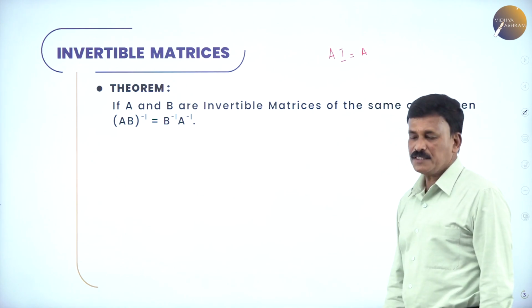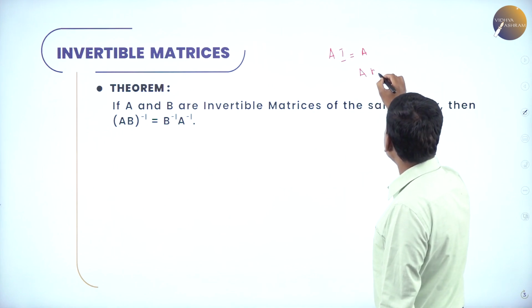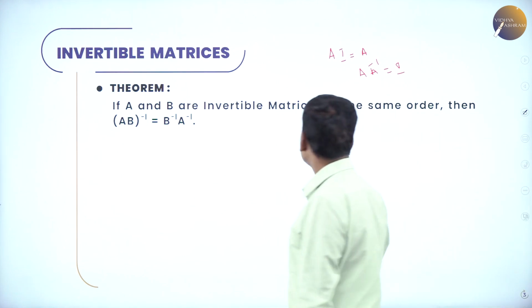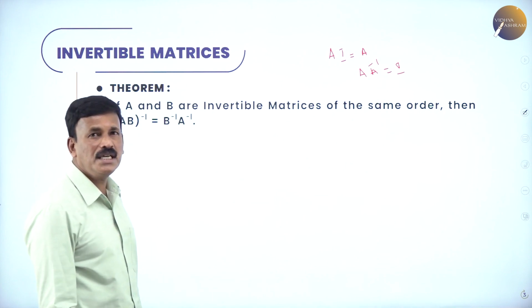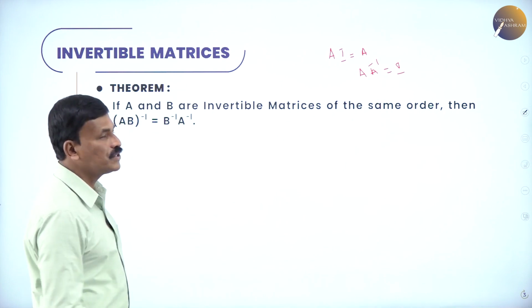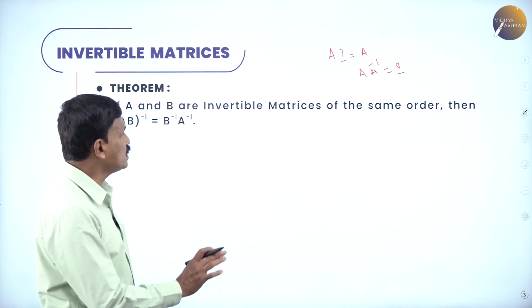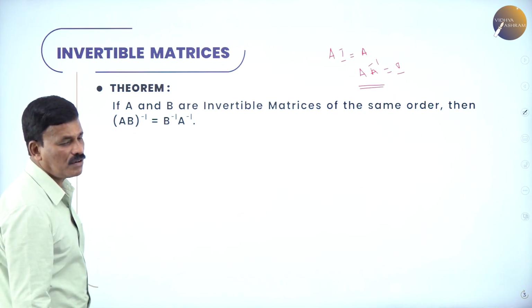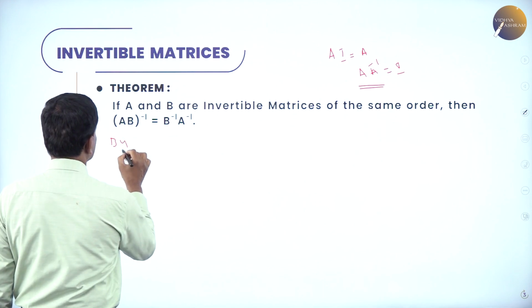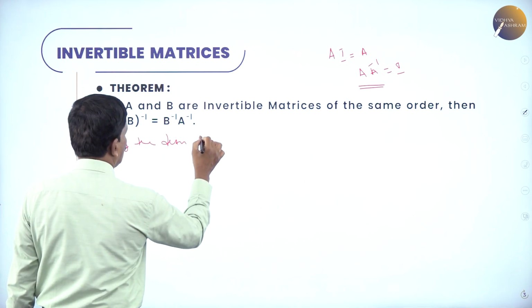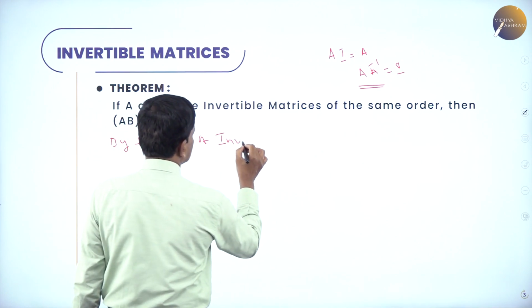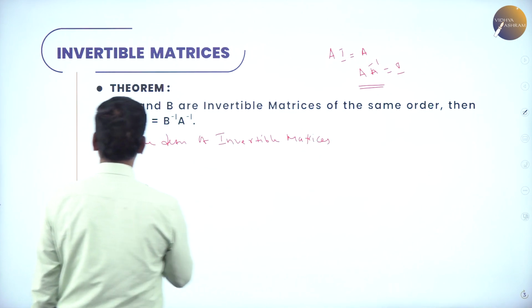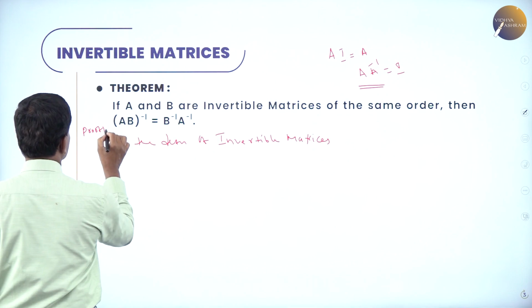And if you multiply A by A inverse, you get I. Using the definition of invertible matrices, this is the proof.